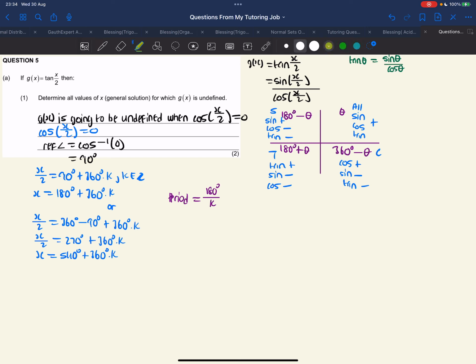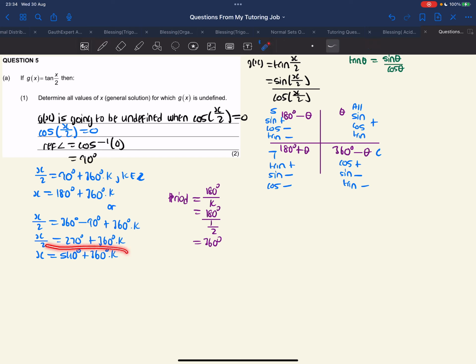Remember that k is the coefficient, which is basically a half in this case. So 180 over 1 over 2 is basically 360. So the period of the function g of x is 360.